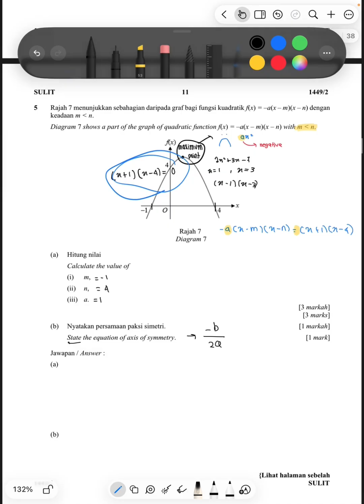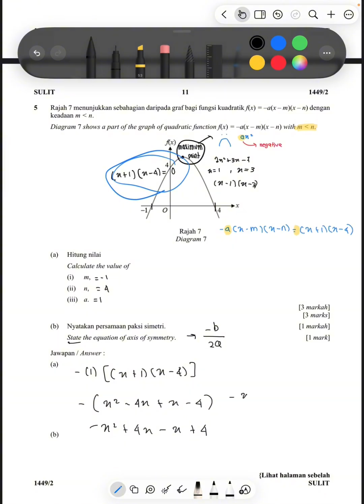So substitute the negative 1 bracket x plus 1 bracket x minus 4, and then expand, and you get x squared minus 4x plus x minus 4, negative x squared plus 4x minus x plus 4, negative x squared plus 3x plus 4 equals to 0, and click in the calculator.